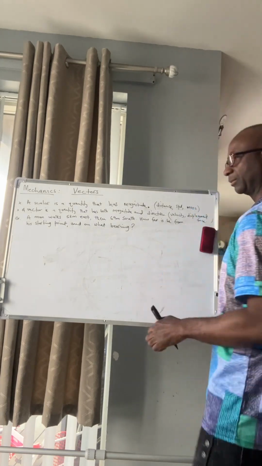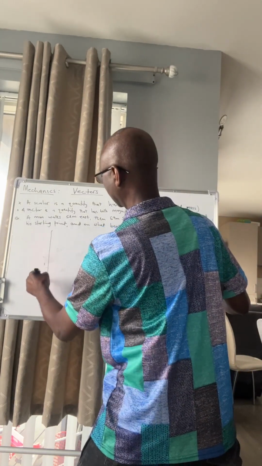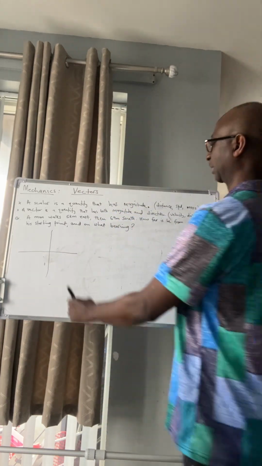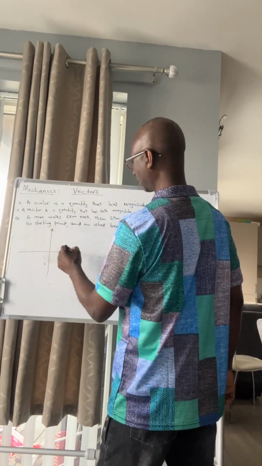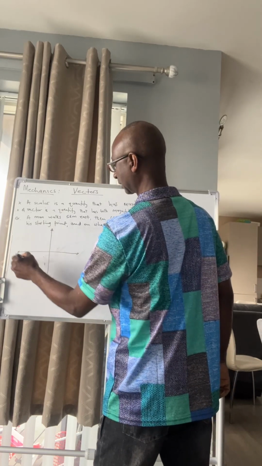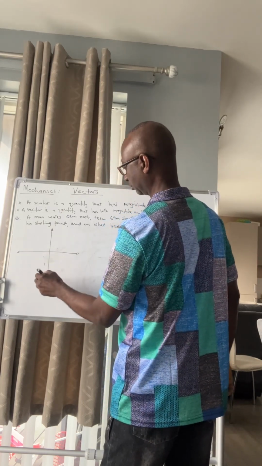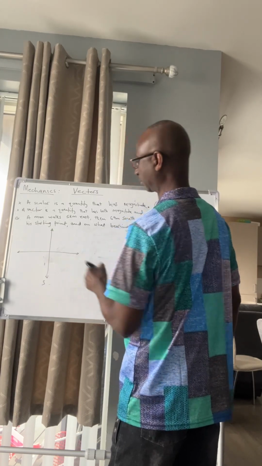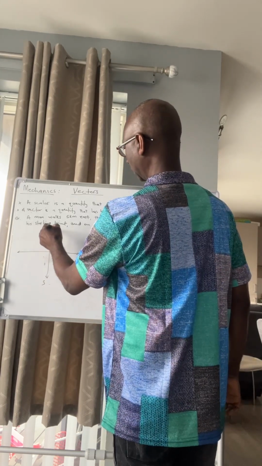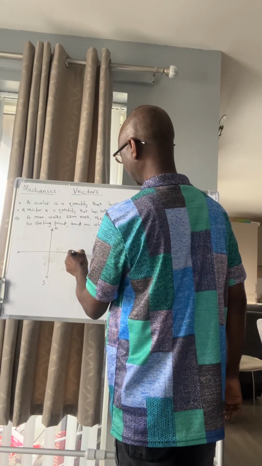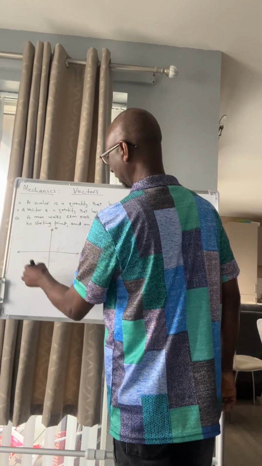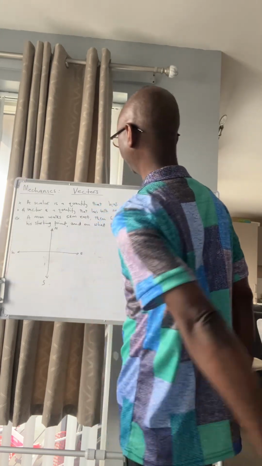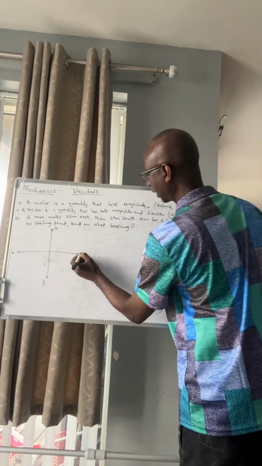So we have our cardinal system. This is the north, this is the east, south, west. This is our north pole, to say, this is our east pole, south, west. Right?